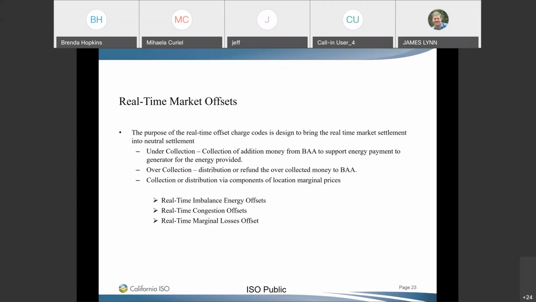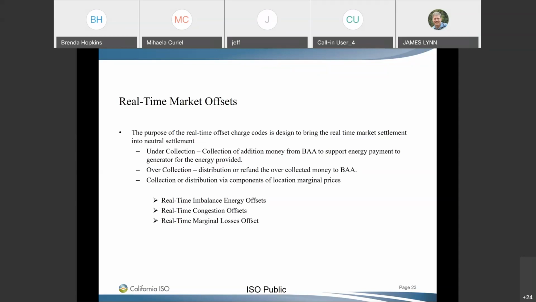And when I sum that up or net that all up for your balancing authority area, whatever is under-collected or over-collected tells me that I have to distribute it or collect more from the EIM entity. If my losses, in essence, show that I've under-collected what I've paid, then I'm going to collect more from the entity. If I've over-collected, I'm going to pay it back to the entity.